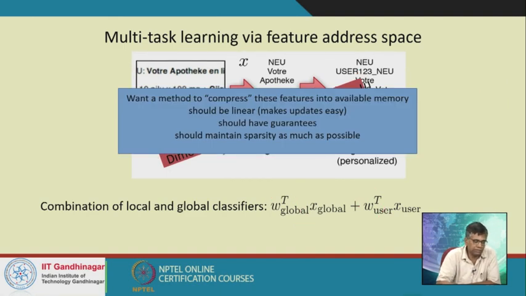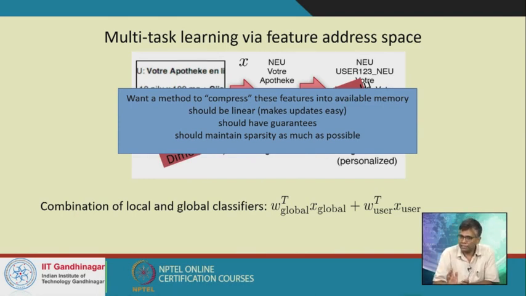So we want to compress these features into memory, and we want this compression to be linear. Why linear? It makes updating easy. Because we want to update the classifier constantly, and one of the ways of doing the update is some kind of gradient descent, for instance stochastic gradient descent: when you get a new email or a batch of emails with user feedback on them, you just do a gradient update on the classifier.